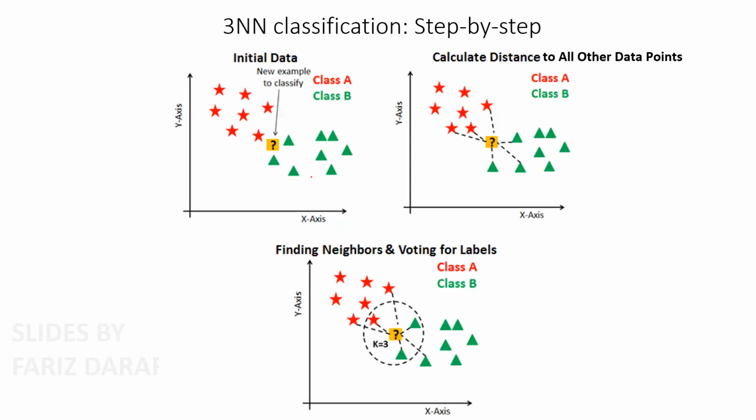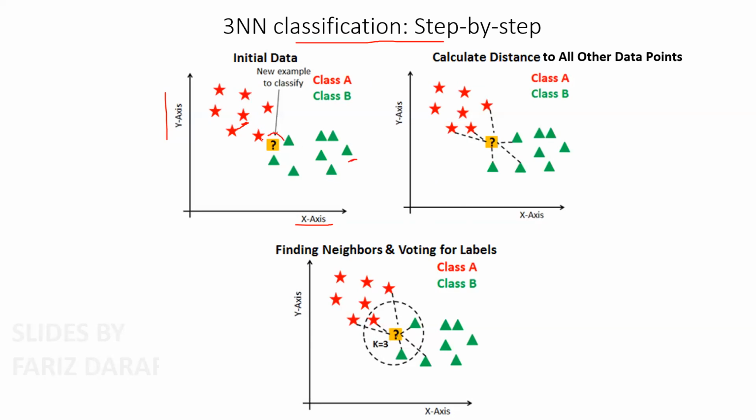Not yet? Okay. Now let's do it step by step. We are doing kNN classification. We have x and y axes corresponding to two different features of the data points, and then we have two classes, class A, red star, and class B, green triangle.